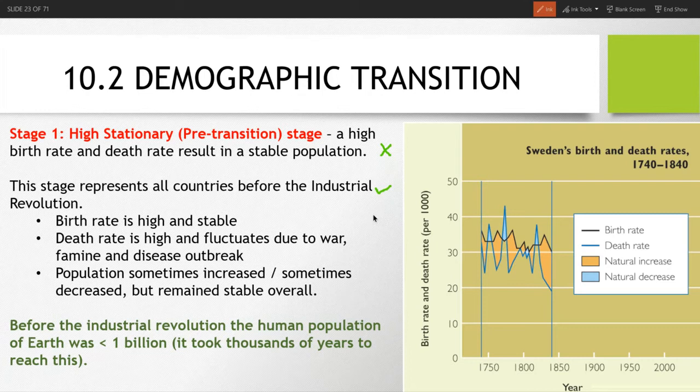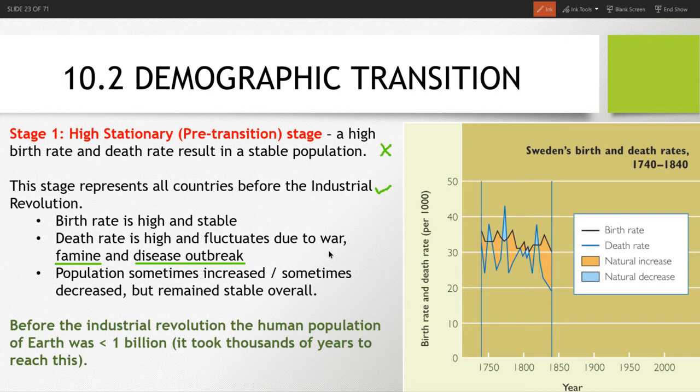So the birth rate is high and relatively stable with some fluctuation, and the death rate is high, but tends to fluctuate somewhat due to a number of factors. They could be natural in terms of famine. Maybe there are climatic conditions that affect food production. Disease outbreak can certainly increase the death rate in a country.